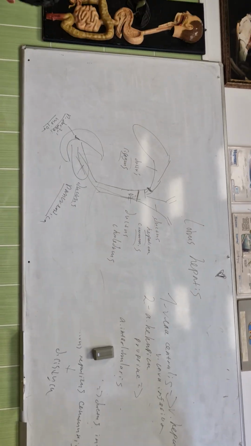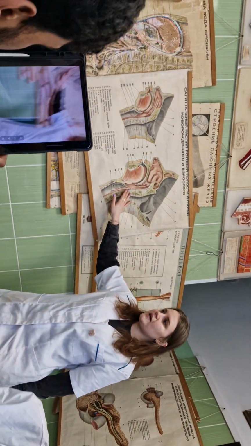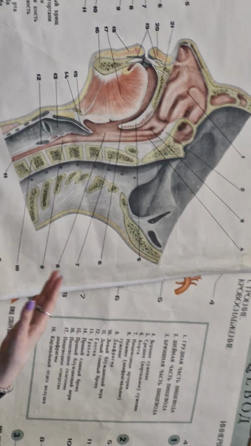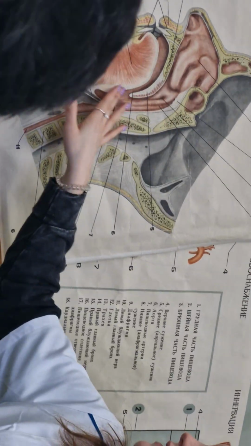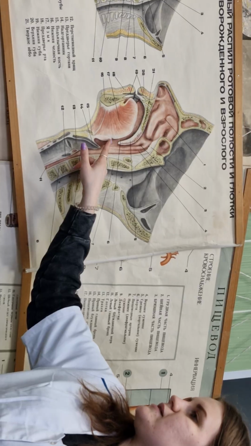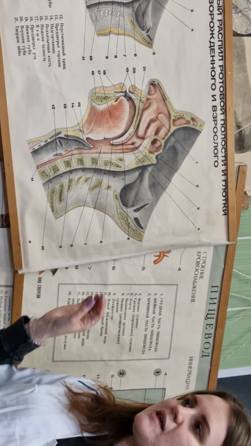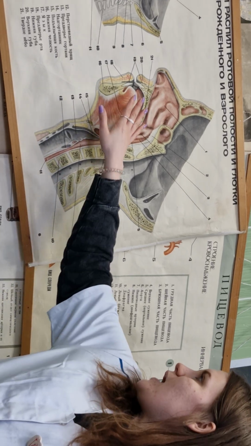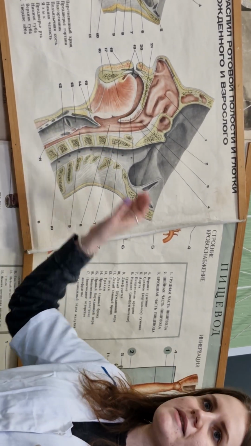Second, our oropharynx that connects with our cavitas oris propria. Who can tell me what the space between cavitas oris propria and pharynx is? Fauces. Repeat. Fauces. Fauces is the space between cavitas oris propria and pharynx.